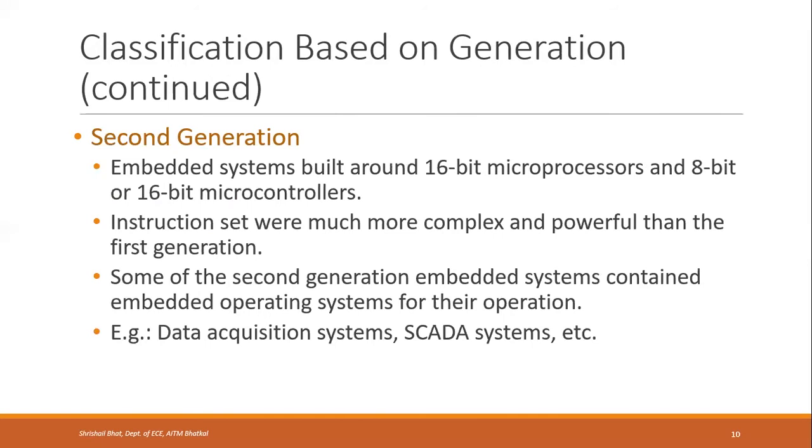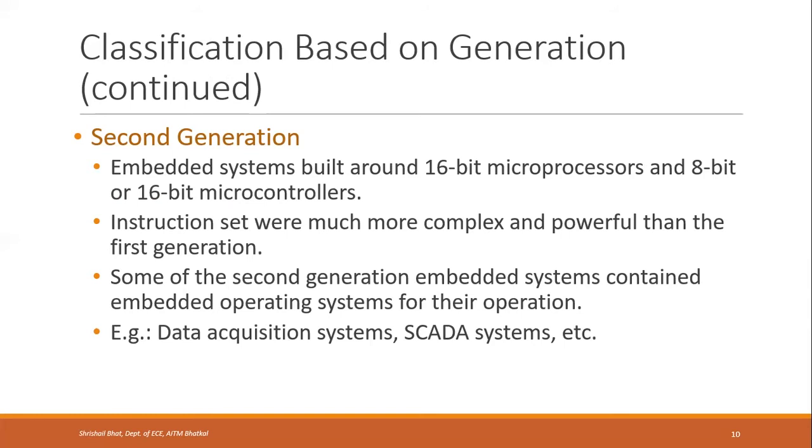Coming to the second generation, the embedded systems were built around 16-bit microprocessors and 8-bit or 16-bit microcontrollers, a little more advanced than the first generation. The instruction sets were much more complex and powerful than the first generation. Some of the second generation embedded systems contained an embedded operating system for their operation. The first generation did not have any operating system. It was just code in assembly language.